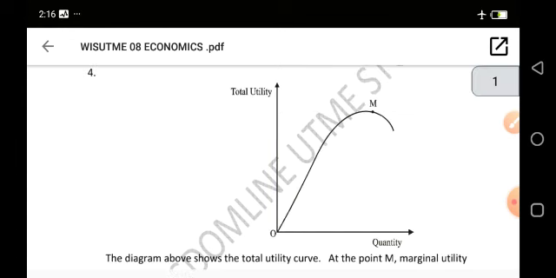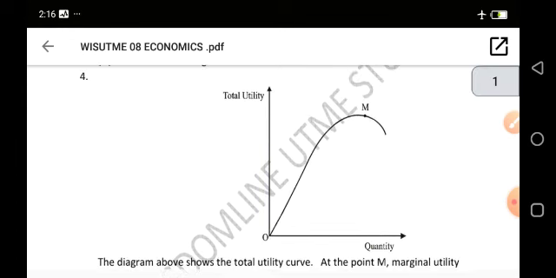As I've told you, at point M, it shows that your total utility is at the maximum, and it is believed that at that point your marginal utility is at zero. If you remember what utility is, utility means the satisfaction you derive from consuming a commodity.